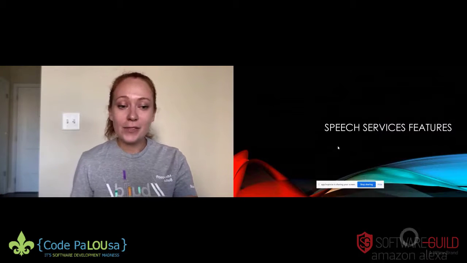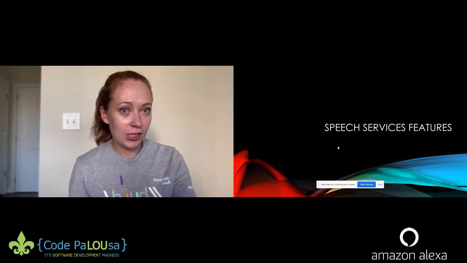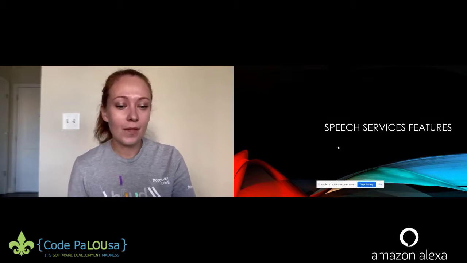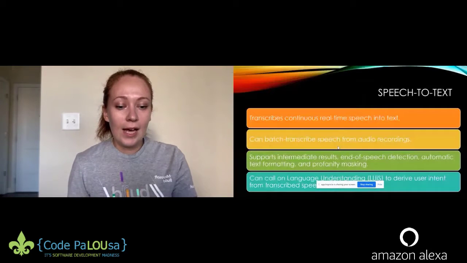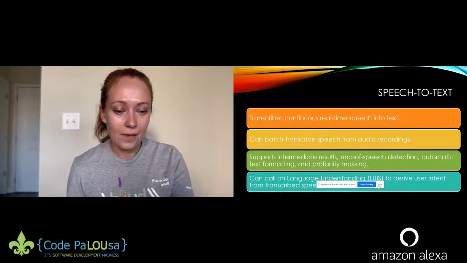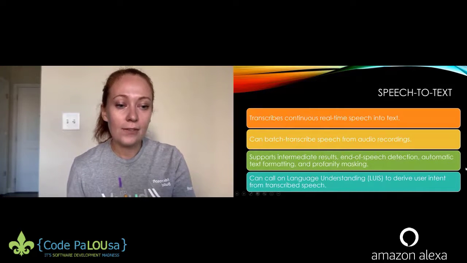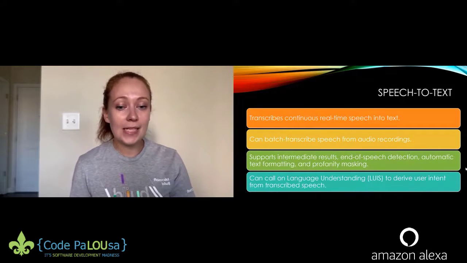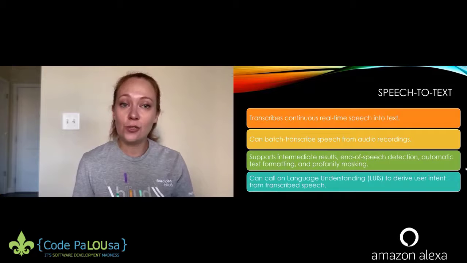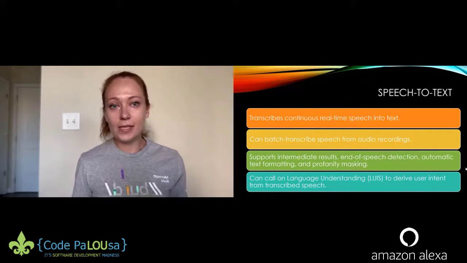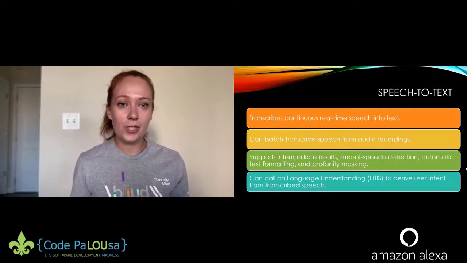Now let's talk about speech services features. There are three main features in speech services. And the first one is speech to text. It transcribes continuous real-time speech to text, and there are several options there. It depends on what kind of application you have.